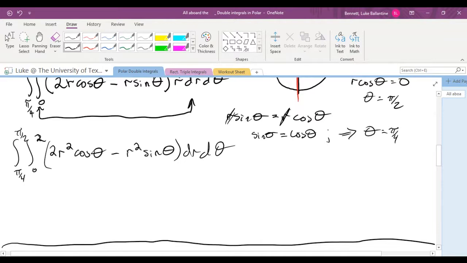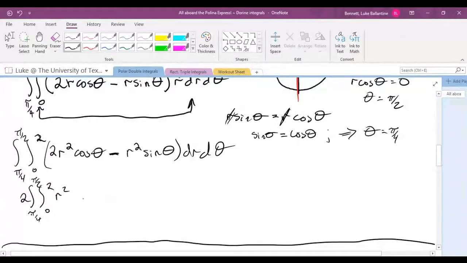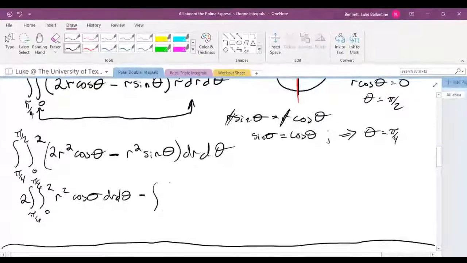This is the double integral of a sum, so it's the sum of the double integrals. I'm going to set this up as two double integrals. The 2 can come out. We have r squared, cosine theta, dr d theta. We subtract the integral from 0 to 2, pi over 4 to pi over 2, of r squared sine theta, dr d theta.